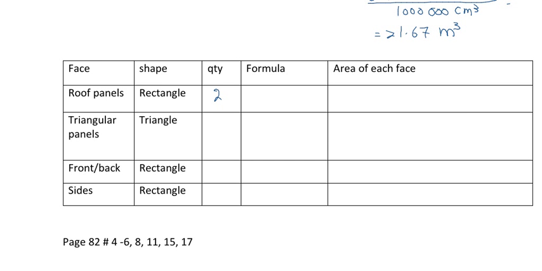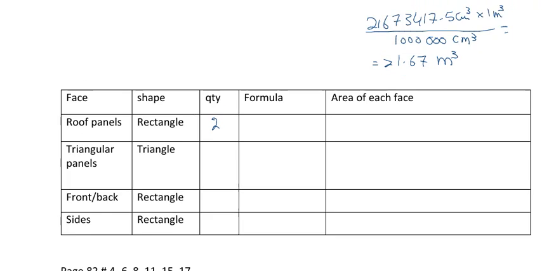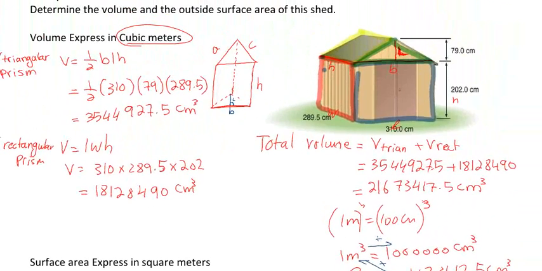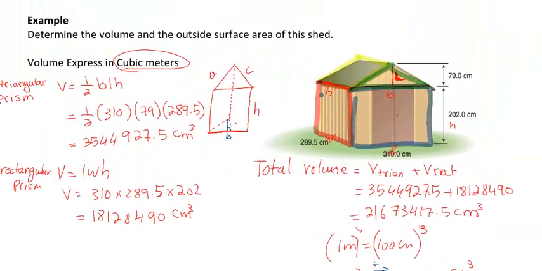The formula for a rectangle is length times width. So I'm going to go back here, and let's name them, because I'm going to do it a little differently, so we know what I'm talking about.